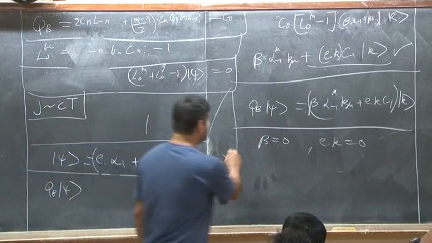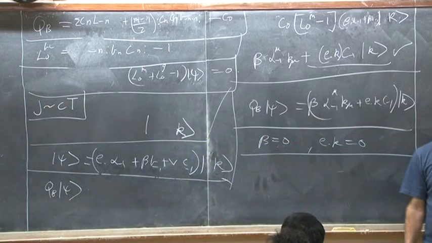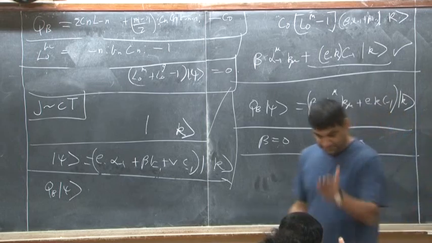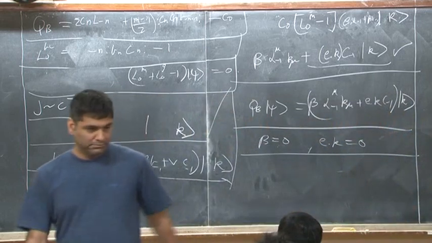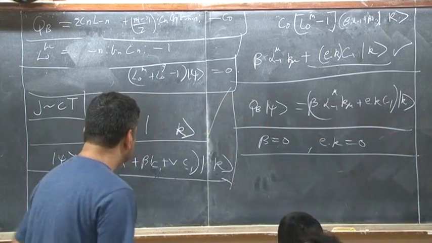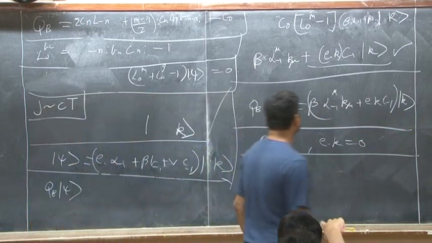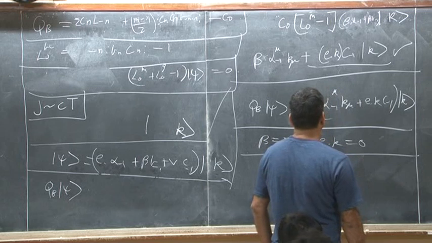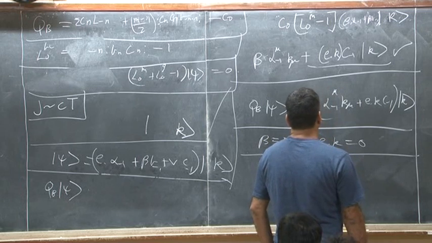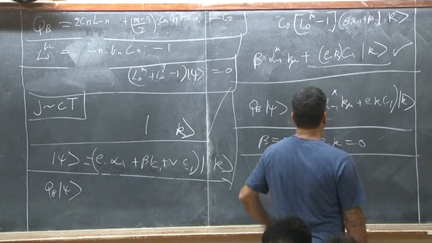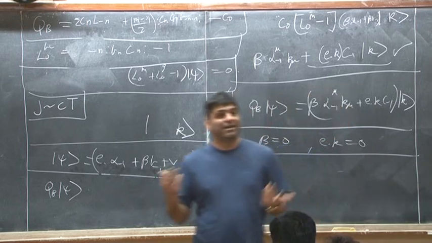Now, the next question we can ask is, where is the state? What can the oscillator be? Alpha minus 1 dot k, that is alpha minus 1 mu k mu, equals 0. Why can't the oscillator be zero? Alpha minus 1 mu is an operator.